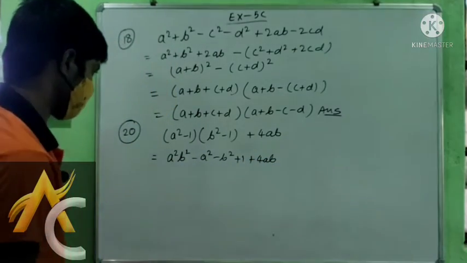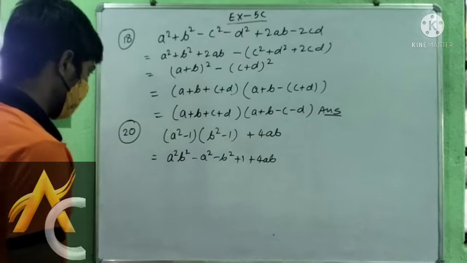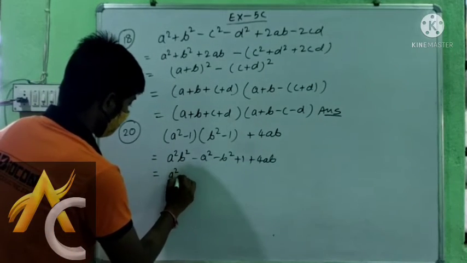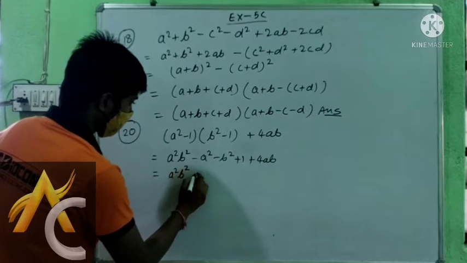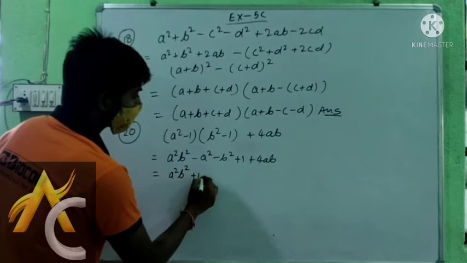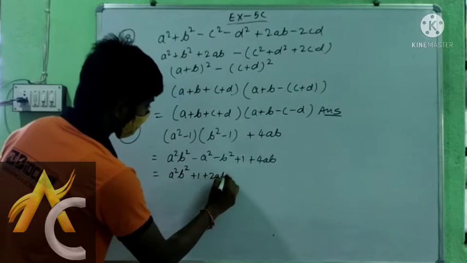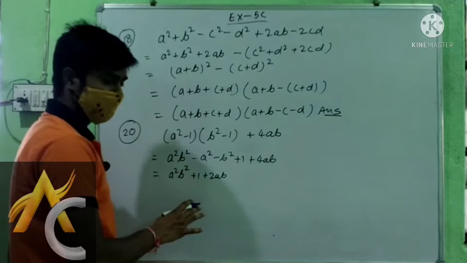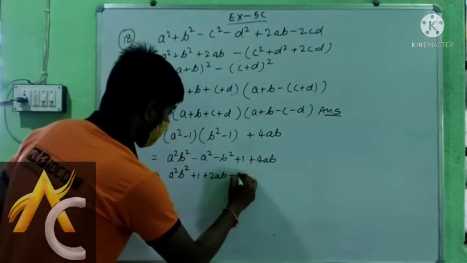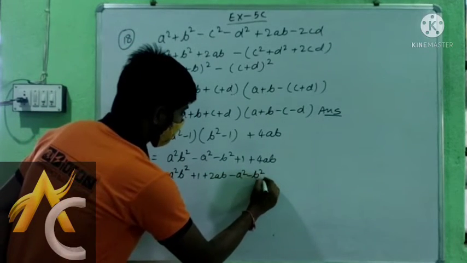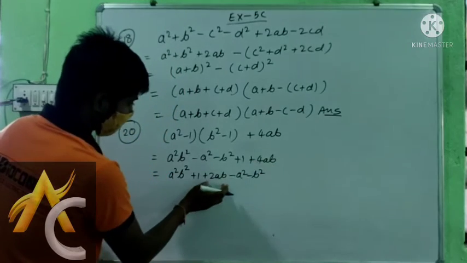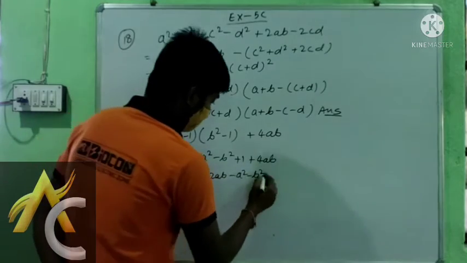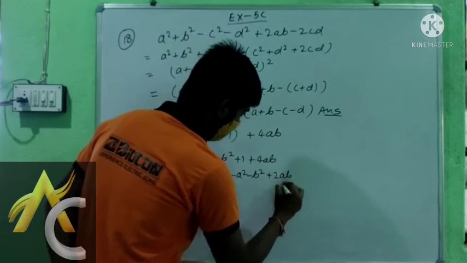Okay, now we can write it as a square b square plus 1 plus 2ab, to take them in the form of a plus b whole square, and then minus a square minus b square, and since we are writing here plus 2ab, plus 2ab remains, it will be written here.